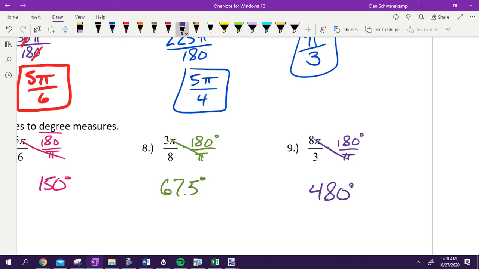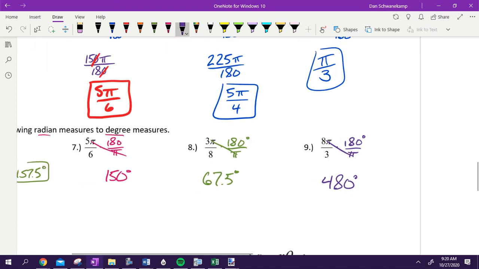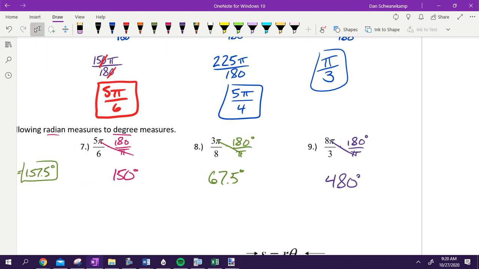480 degrees. Talk with your neighbor. Explain to each other why it makes sense that your answer is greater than 360 degrees. Kara, why does it make sense that my answer was greater than 360 degrees?